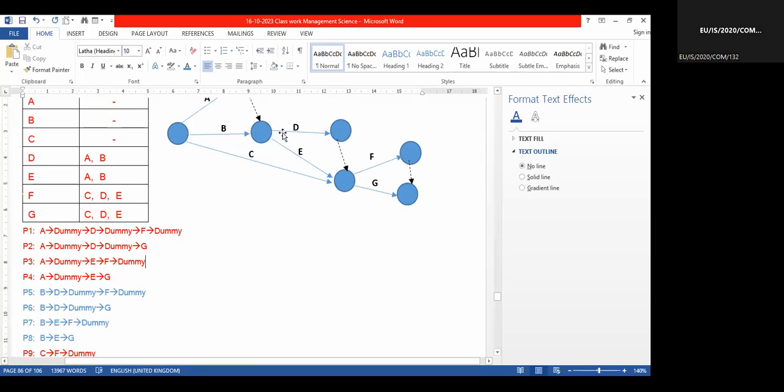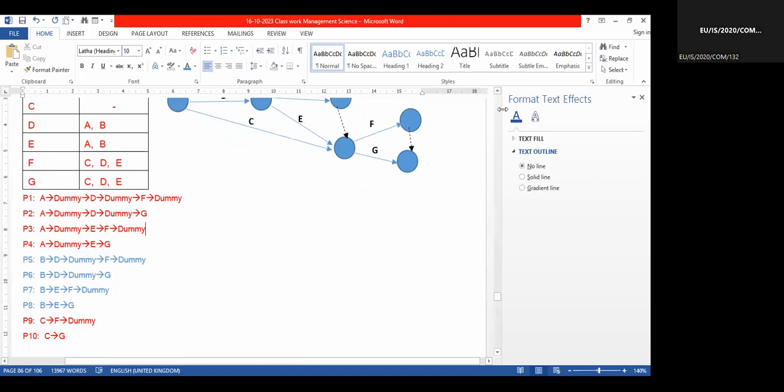B, D, dummy, G. Then part 7, B, E, F, dummy. Sorry, part 8, B, E, G. There's no dummy there, right? Then C starting with the two paths: C, F, dummy, C, G.